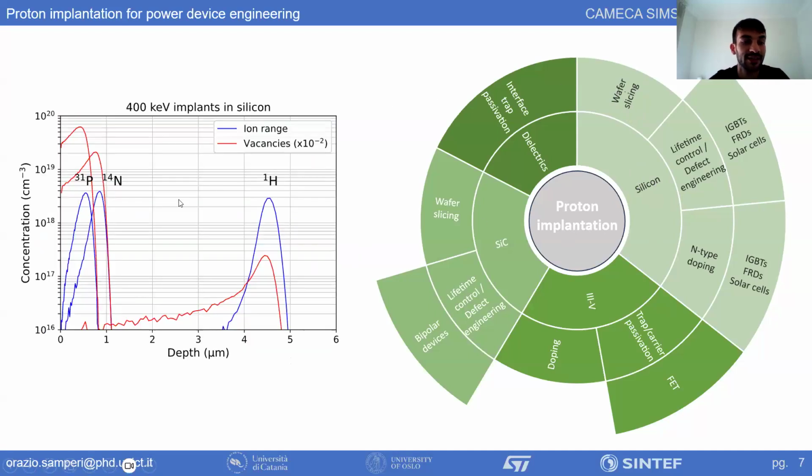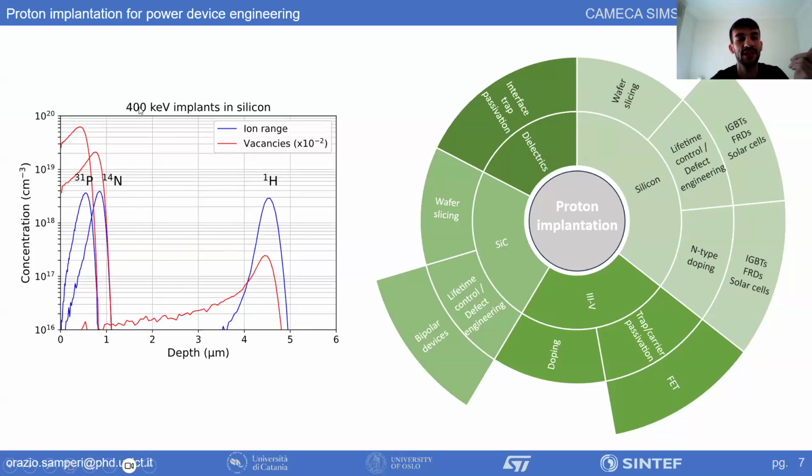The interest in using protons, other than the effects and the applications, is the penetration depth of this species. Here, for example, we see 3 different species: phosphorus and nitrogen, which are common n-type dopants, and hydrogen.